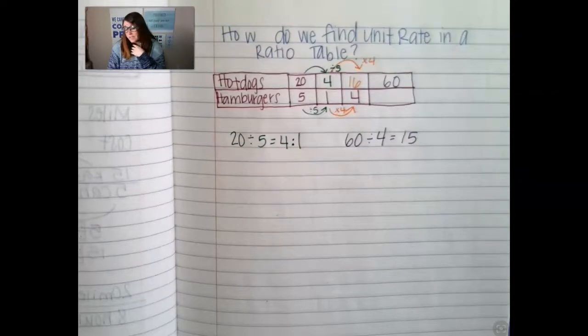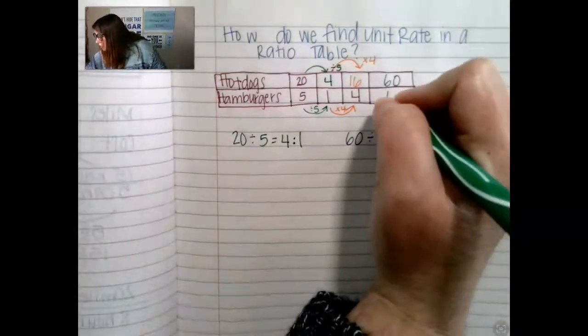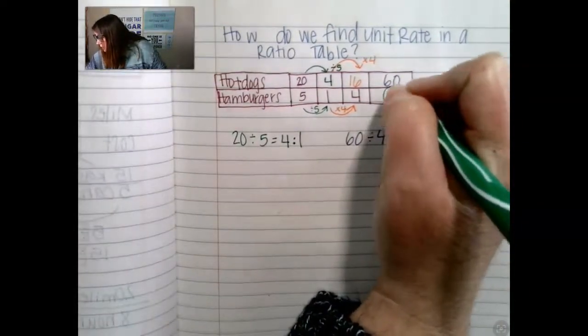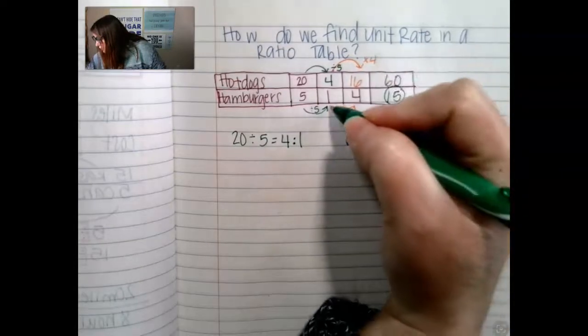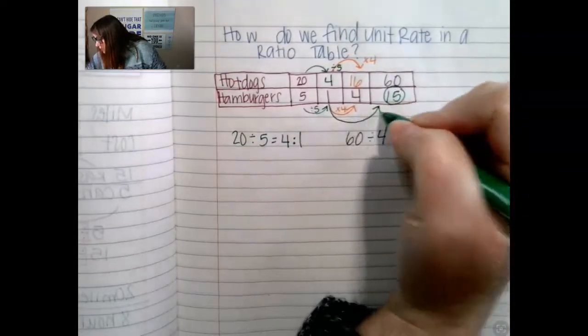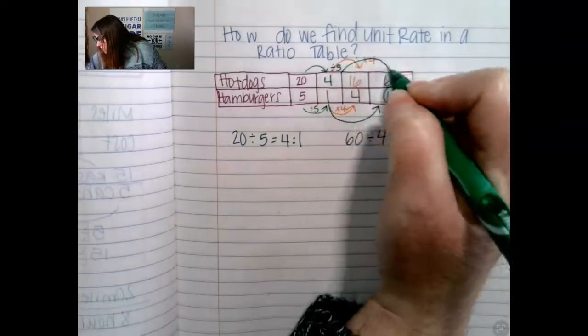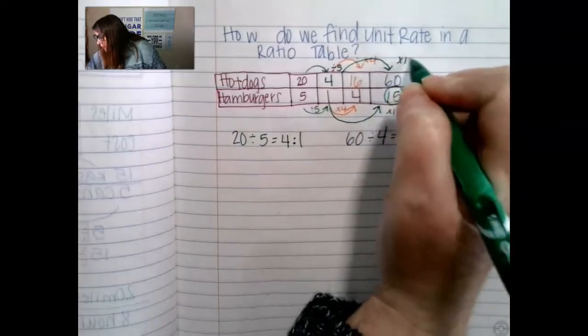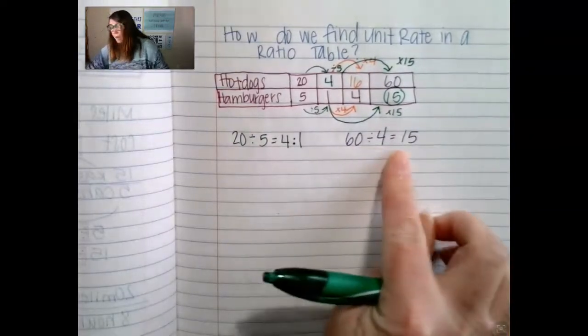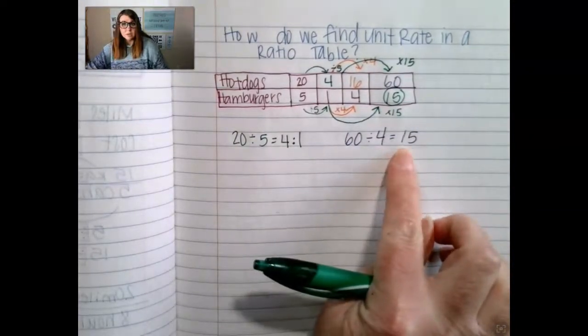So 15 is my ratio. From 1 to 15, I multiply by 15, 4 to 60, I multiply by 15, and I figured that out by using division.